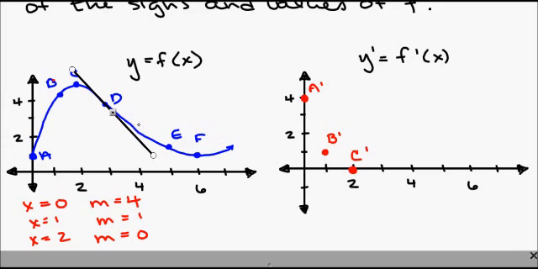I'm going to call this a -1 for the slope, so D prime. So we said x is 3, and our slope is -1. So because that is a negative slope, you see the y value here is below the x-axis.